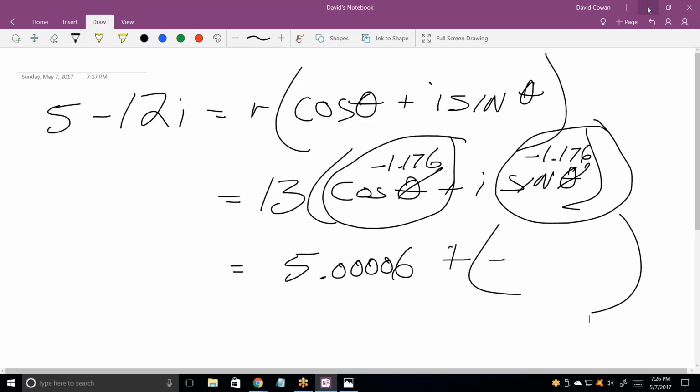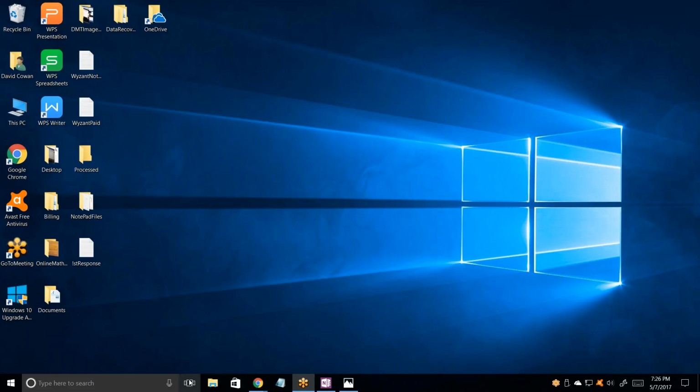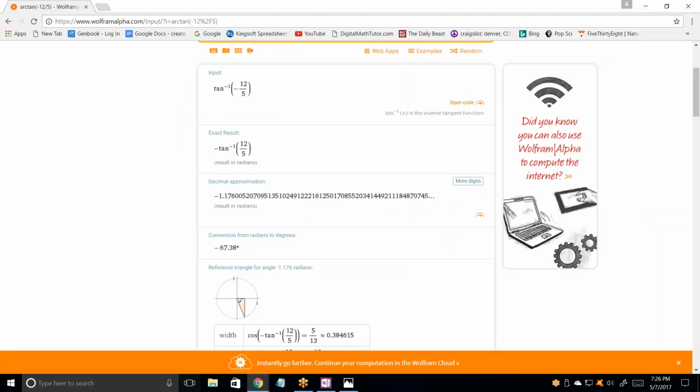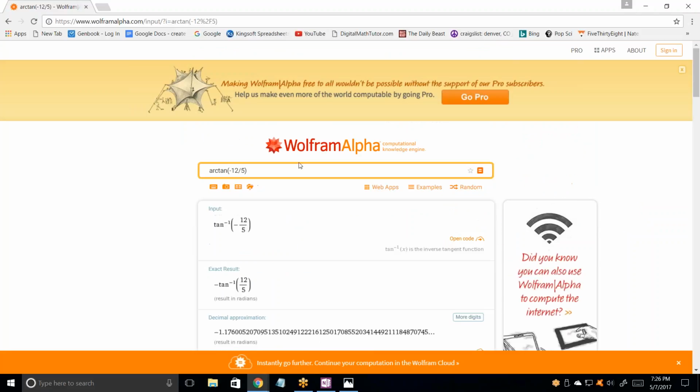Sine of minus 1.176. I'm going to do it on Wolfram Alpha because something doesn't make sense.